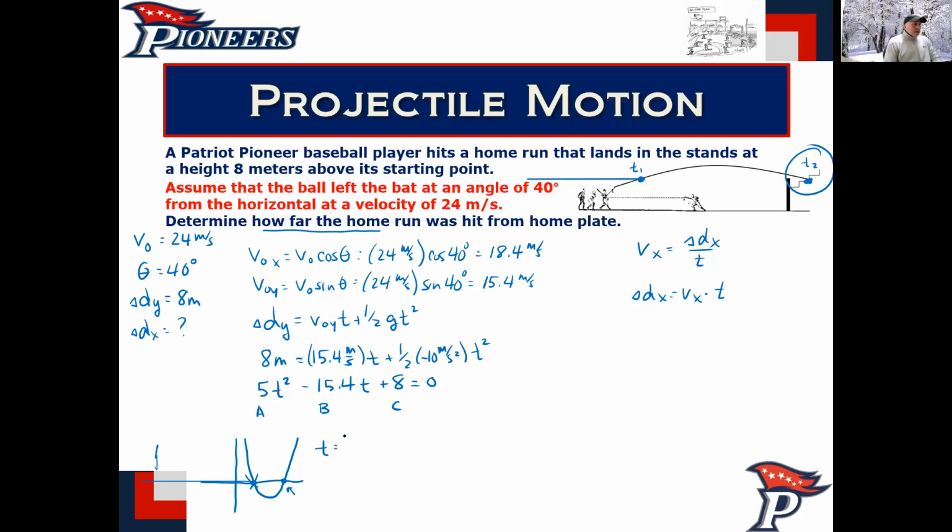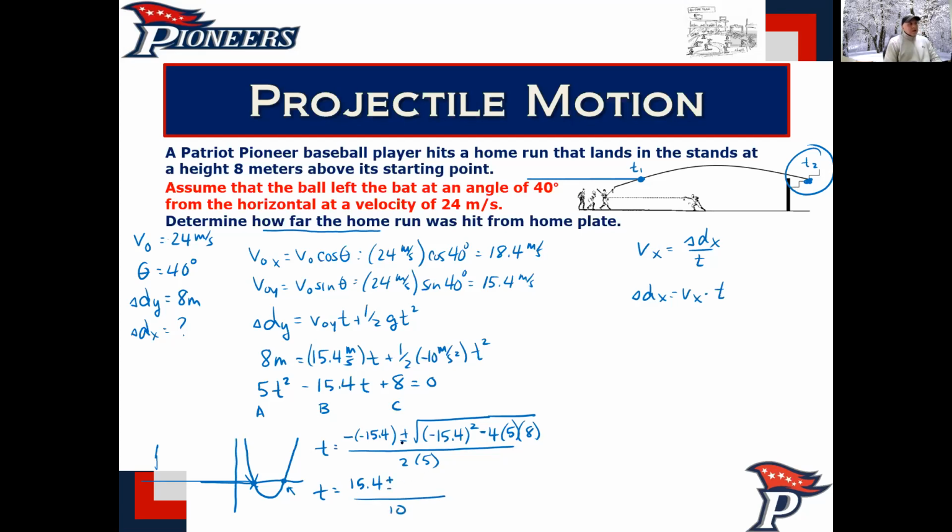All right, so negative b, so b is already negative, plus or minus the square root of b squared minus 4 times 5 times 8. In this case, this part will be a minus, right? Last problem, it was a positive after, because that was negative. 15.4 divided by 10, plus or minus.